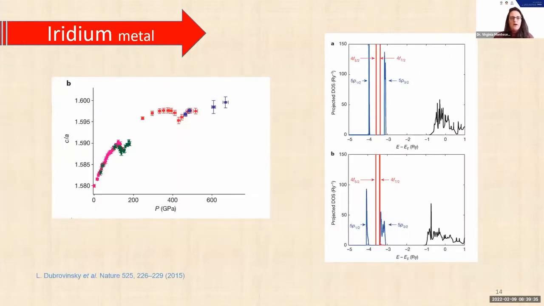So now I'm going to present the results from the second sample, iridium metal, and in this case, for the same electronic reasons, we study iridium. In 2015, Leonid Dubrovinsky and co-authors reported a new electronic transition, and they called this new electronic transition core level crossing.